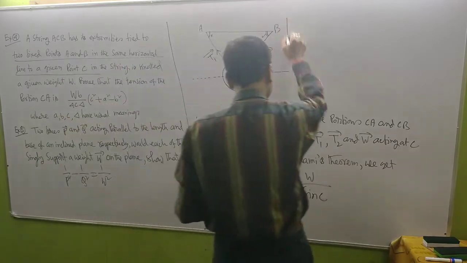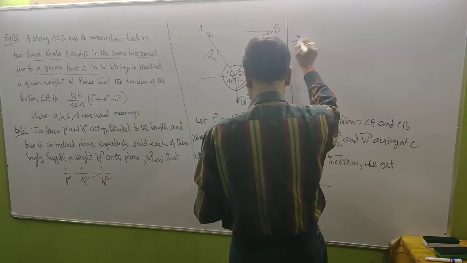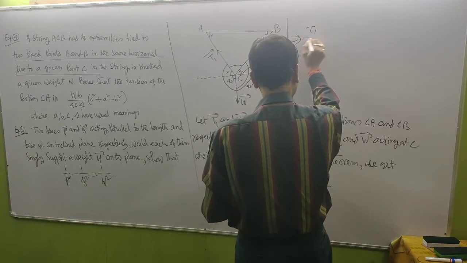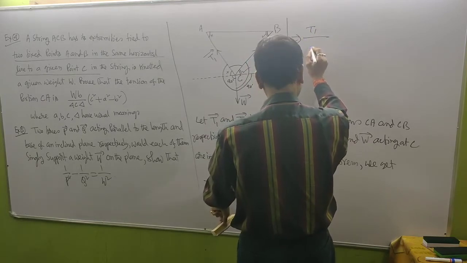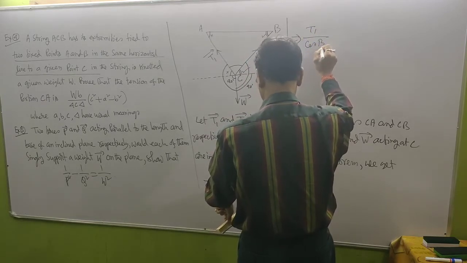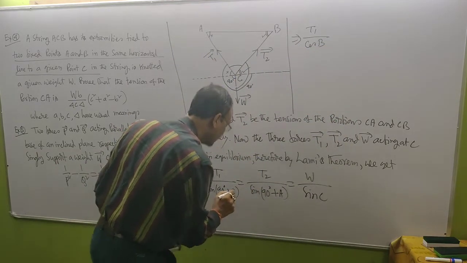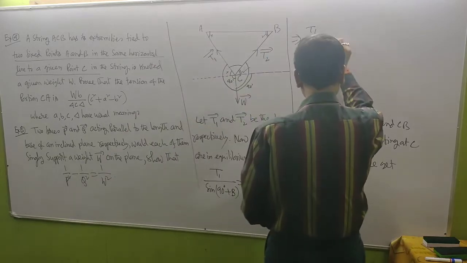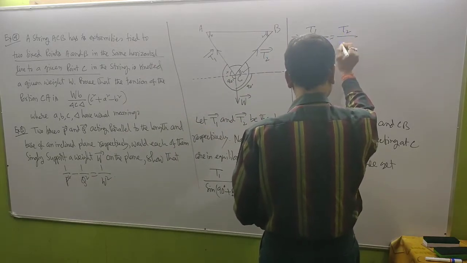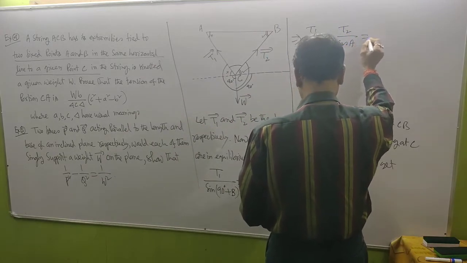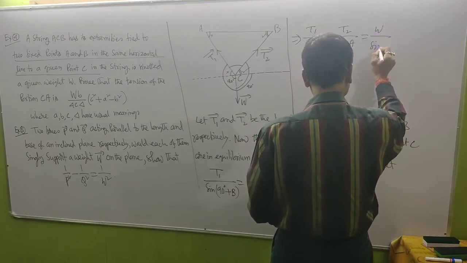This means that T1 divided by cos B is equal to T2 by cos A, equal to W by sin C.